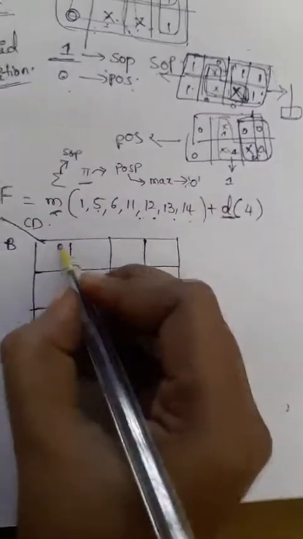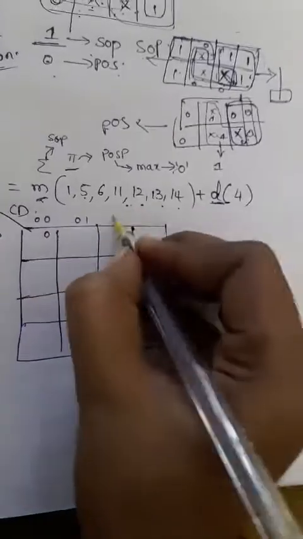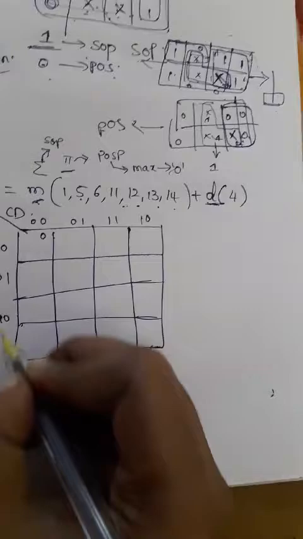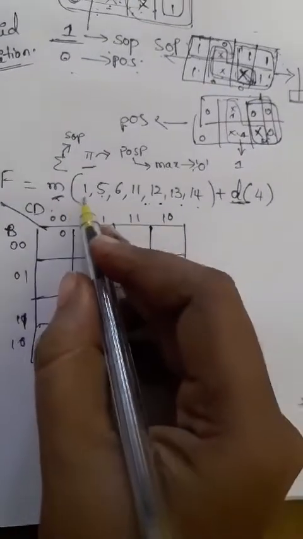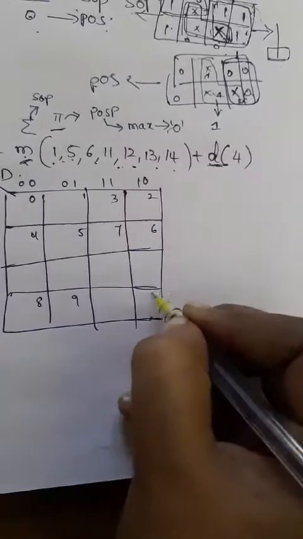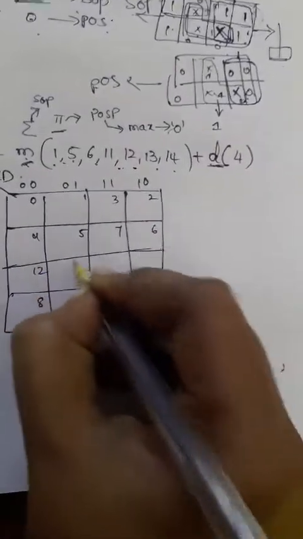Okay, so represent here 0 0, 0 1, 1 1, 1 0 along both sides. The cell numbers are already given, the min terms being 1, 5, 6. So just represent the cells 0 1 2 3 4 5 6 7 8 9 10 11 12 13 14 15.